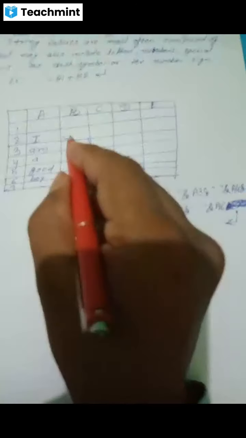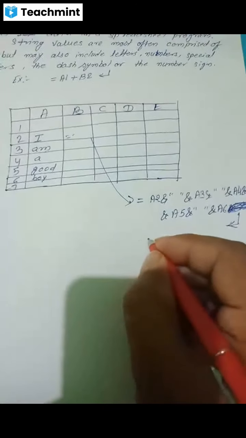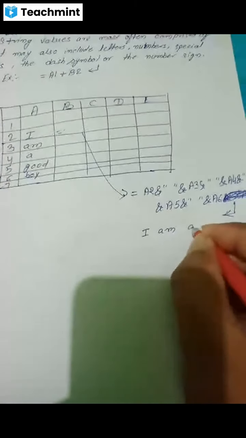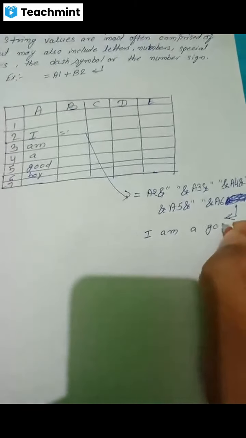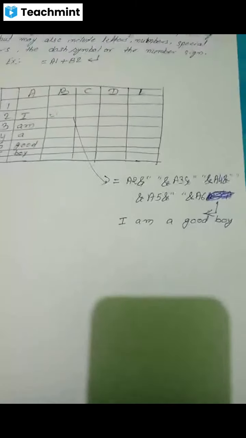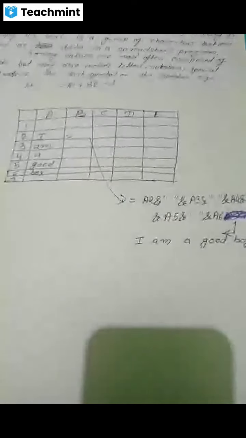Then all results come together with a space. What will come? I am a good boy. Any problem?